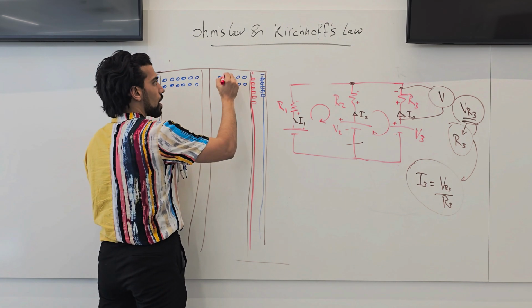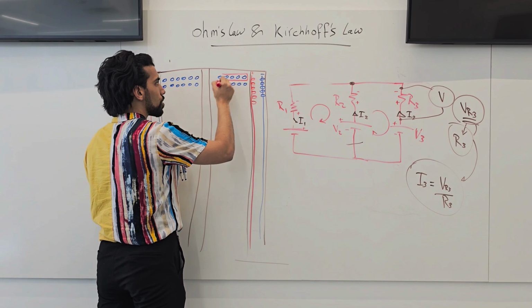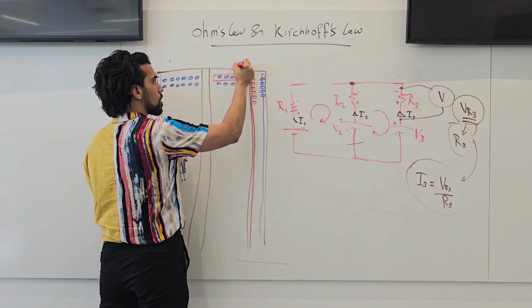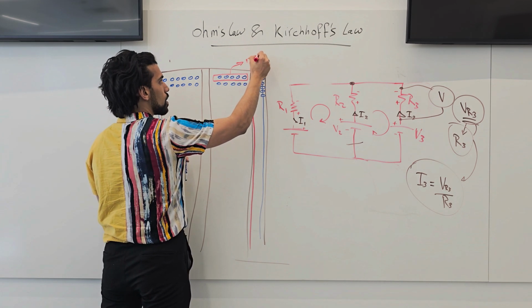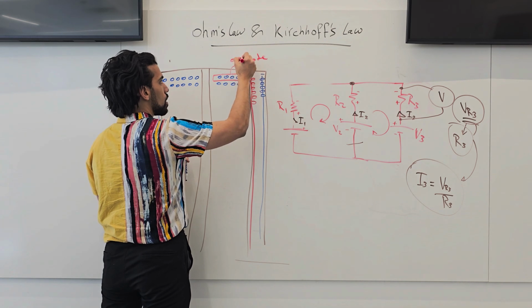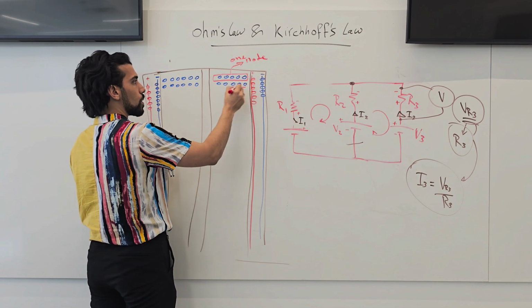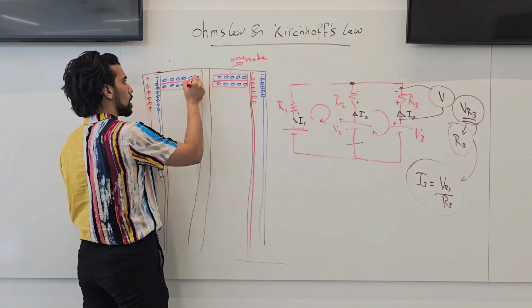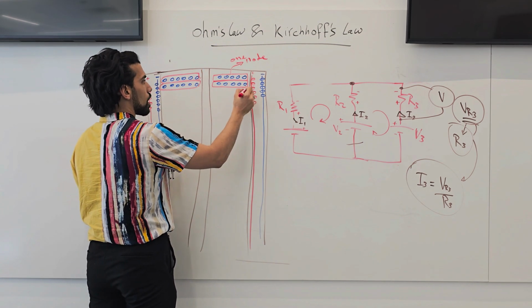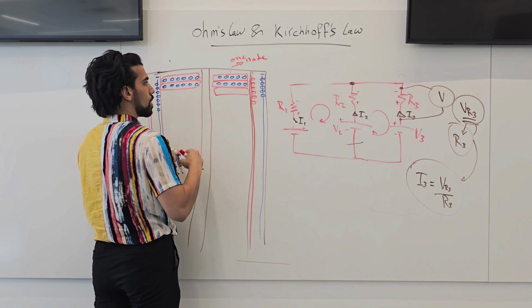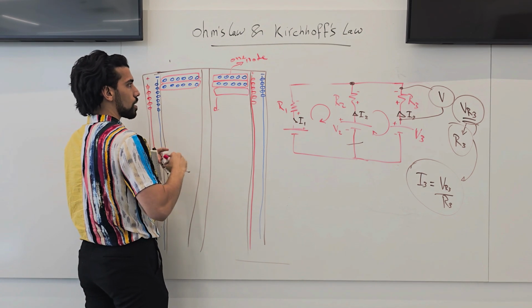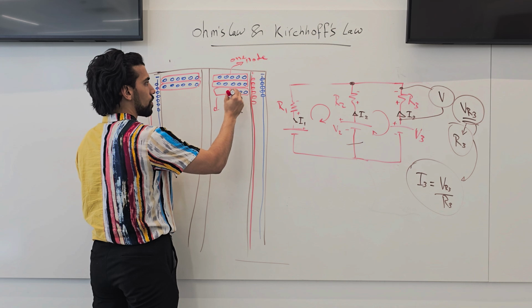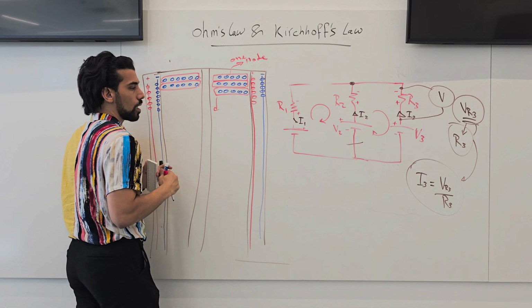Each 5 are connected to one another, so each one is one node. So this is one node, these are one node, this is one node, and so on, and we go in this direction. Basically each 5 are the same connection.